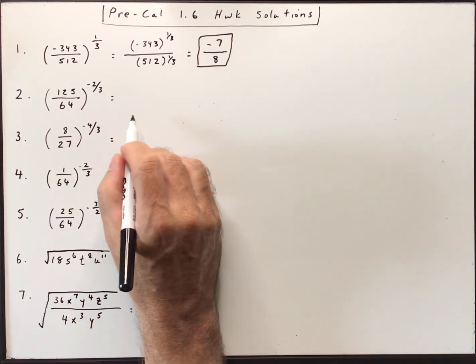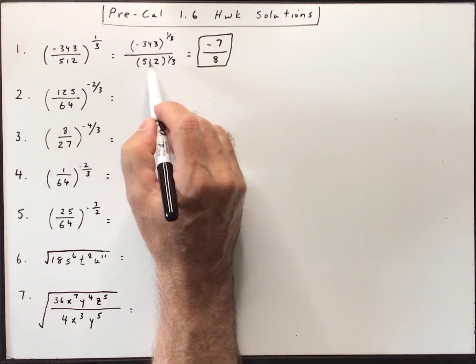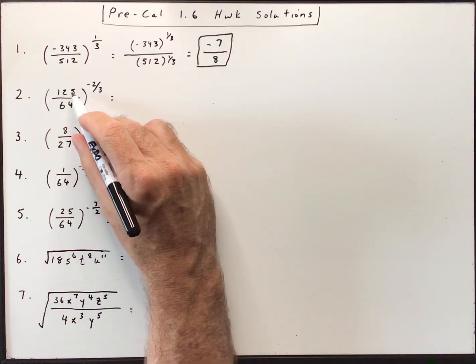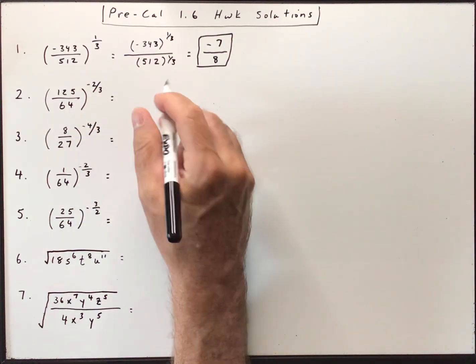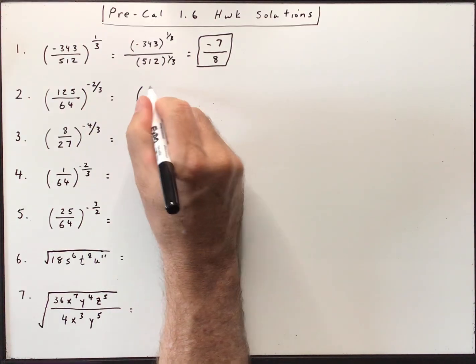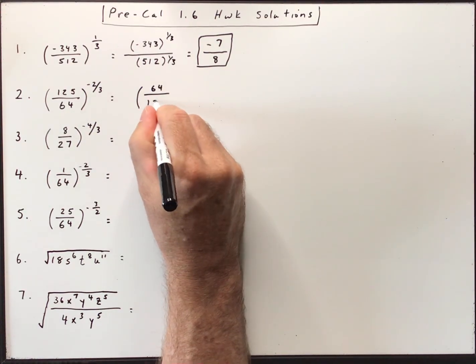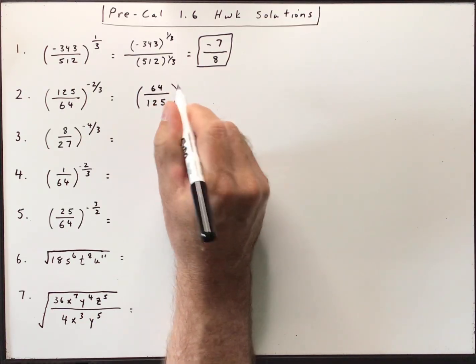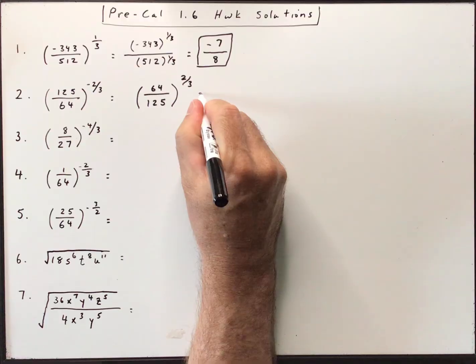All right, number 2. So I would like you to show this intermediate step on your homework and on a test. All right, 125 over 64 to the negative 2/3. So let's flip the inside. I'd have 64 over 125, and we can raise this now to the positive 2/3 power.